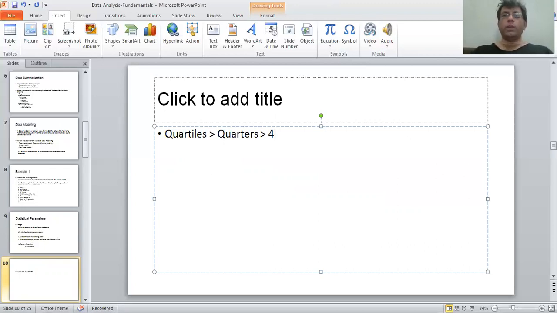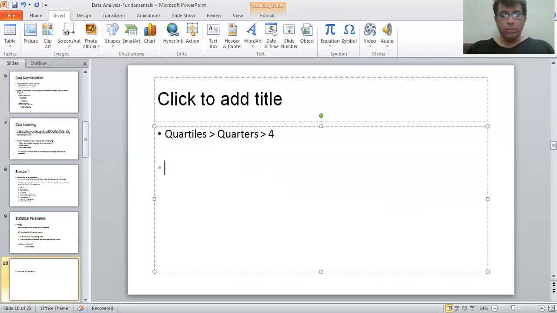So when we want to find the quartiles, it means we are dividing the data set into 4 parts. We will see just now how we do this, but just as an introduction, I'm writing it here.